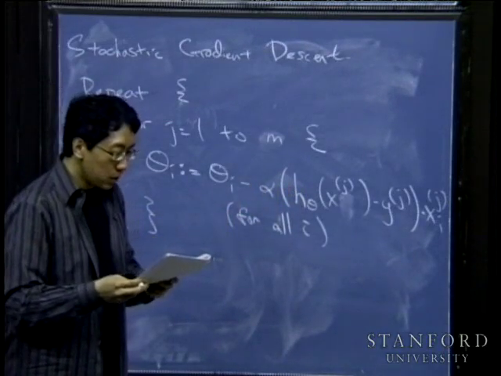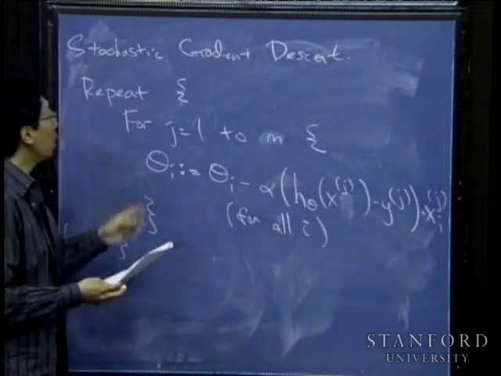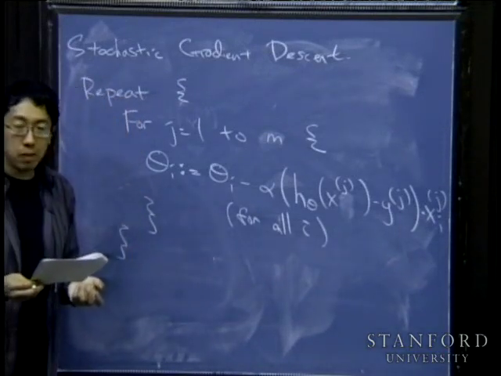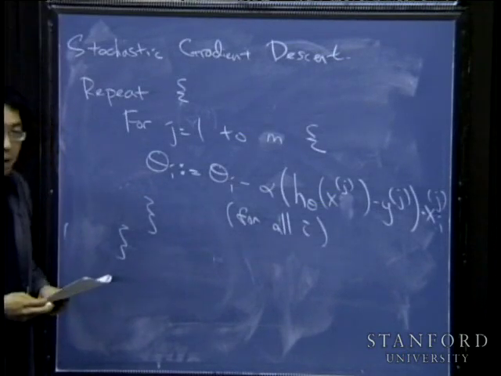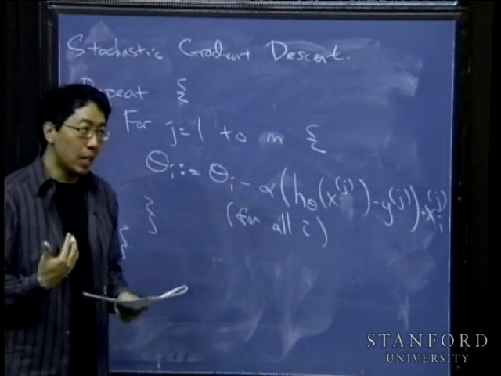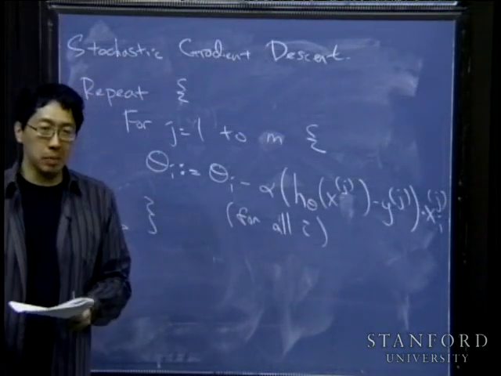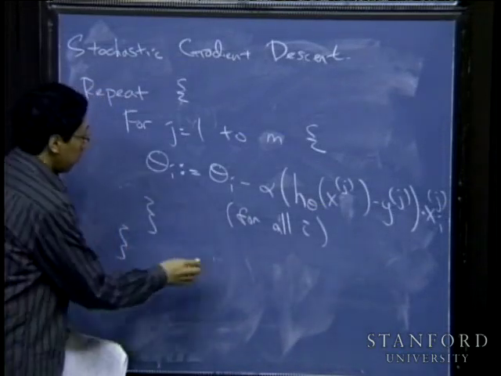For large data sets, stochastic gradient descent is often much faster. What happens with stochastic gradient descent is that it won't actually converge to the global minimum exactly.